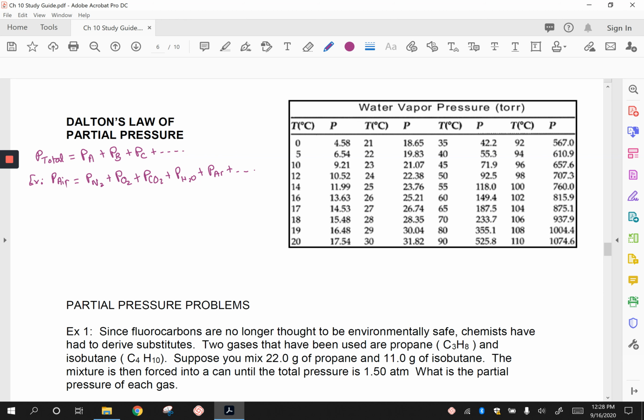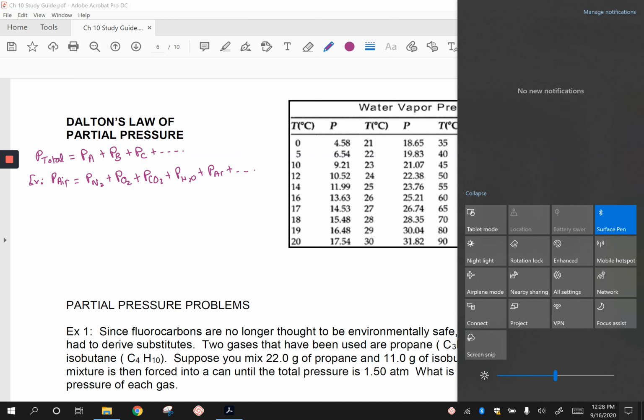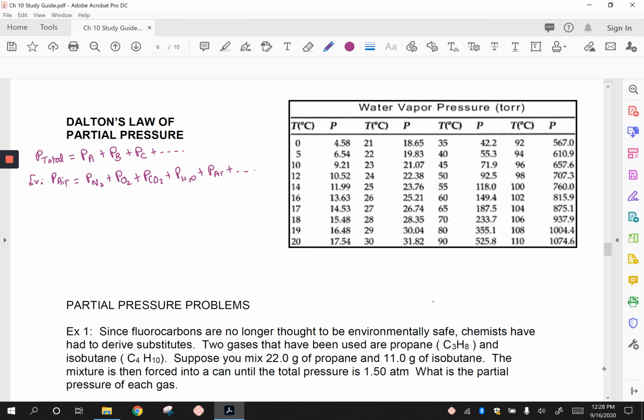So let's say that you have a mixture. In a mixture of gases, your components will all be at the same temperature and the same volume, right? If I had a balloon that I fill with some kind of gas mixture, this balloon has a certain volume, so that volume is taken by all the different particles here, and it also has to be at the same temperature.